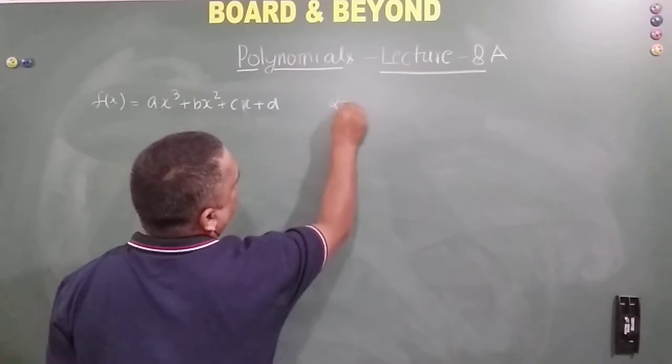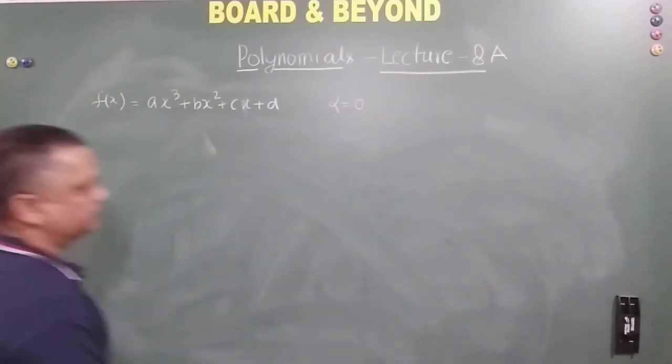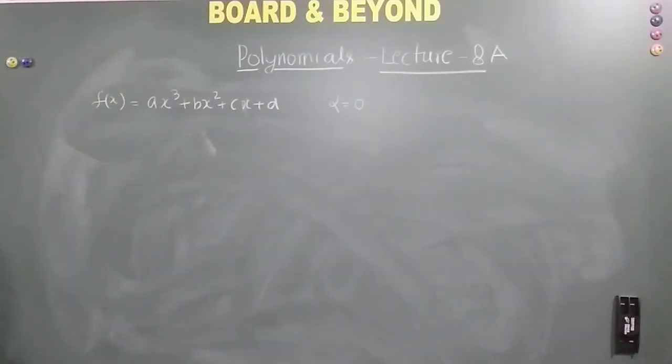So alpha is equal to 0. We are expected to find the product of the other roots.